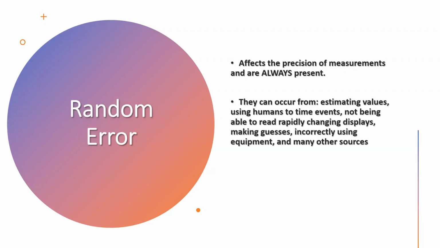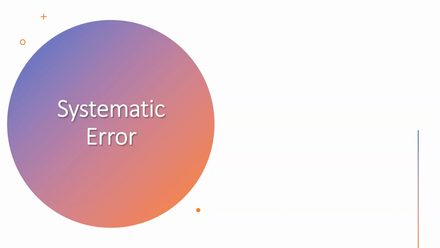They can occur from estimating values using humans to time events, not being able to read rapidly changing displays, making guesses, incorrectly using equipment, and many other sources. Okay, so you never say that it's human error. They're random errors. In the past, you may have heard the term human error, but they're random errors.